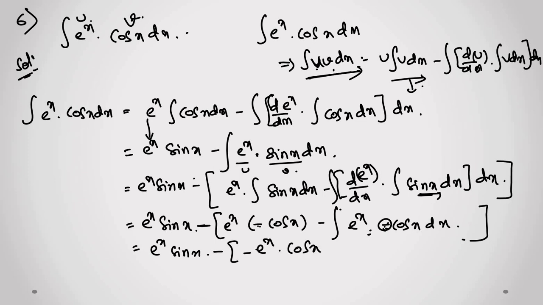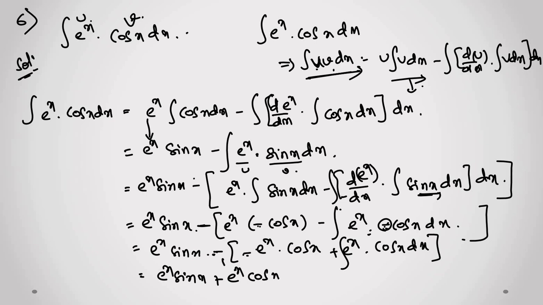Now see here, friends: minus into minus is plus, so e power of x sin x, minus into plus is minus, so minus the integral of e power of x cos x dx. So this is the same question like that only. So I will bring this to the left side of the equation. I will write it on the other page.